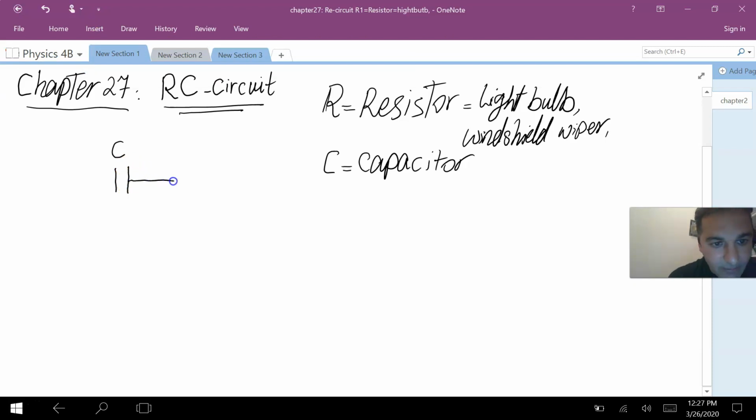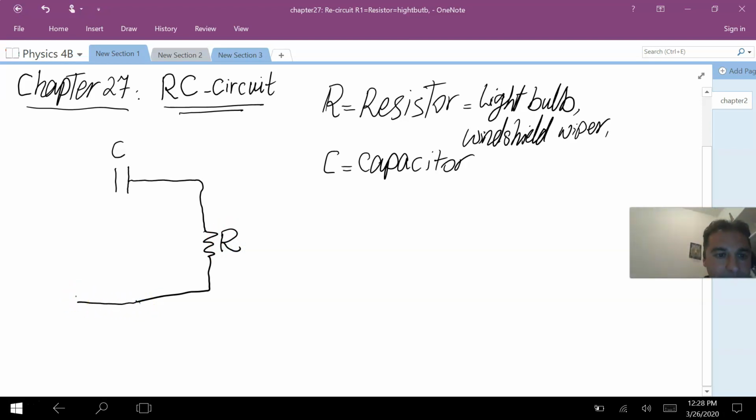I connect this capacitor to a resistor, all right? Then I can make some circuits like this.